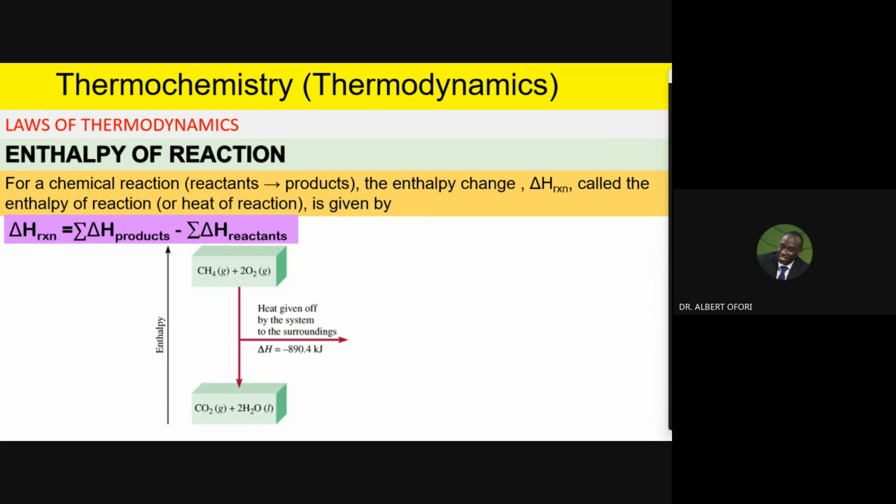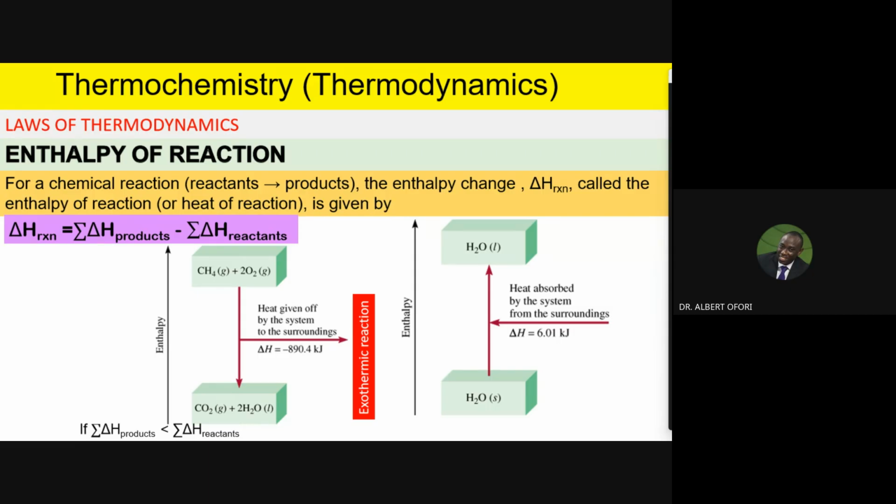Now, when we did that, the change gave us a negative value. What it means is that there's going to be a loss of energy, or heat, from the system to the surrounding. Now we can equally look at the endothermic reactions as well. When we find the summation of the product minus that of the reactant, that's going to give us a positive value.